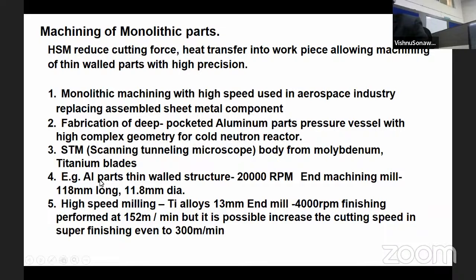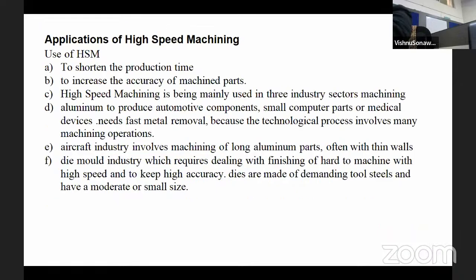But for these aluminum parts with thin wall structure, we can go to 20,000 revolutions per minute, and the cutting tool material is an end mill cutter, which is 118 millimeter long and 11.8 millimeter diameter. For high speed milling of titanium alloy, a 13 millimeter end mill cutter at 4,000 revolutions per minute. Here these are the various examples and the research and development analysis.